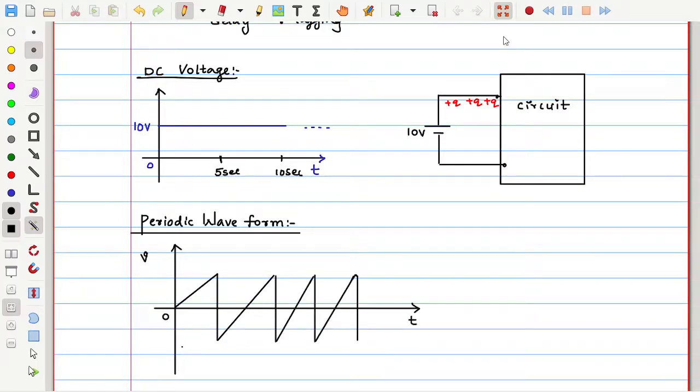Right. So if we have this kind of voltage waveform, try to observe the amplitude is changing and its polarity is also changing. This is positive half cycle, this is negative half cycle. Putting together up to this place is the time period for which the waveform is going to be repeated.